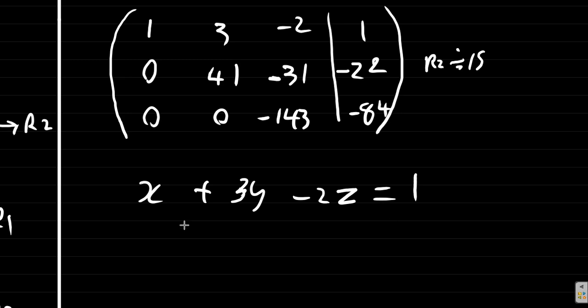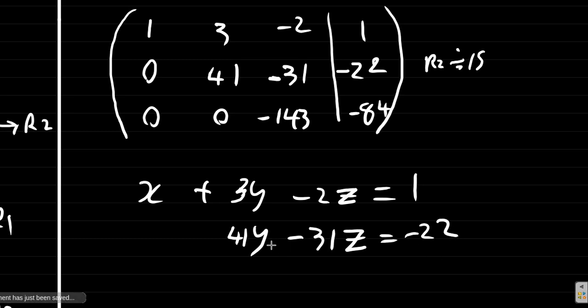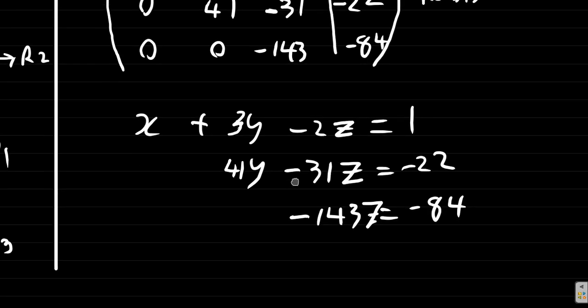We have that. 0x, we don't need to write it, plus 41y minus 31z equal negative 22. And then 0x plus 0y, we don't need to write that. And we say minus 143z equal negative 84. Alright?